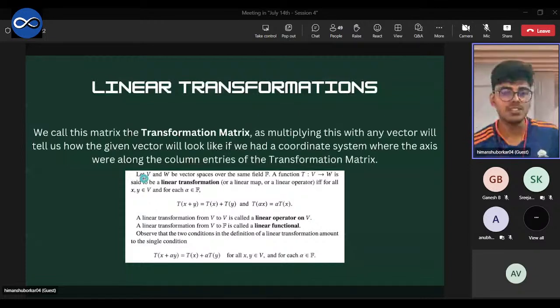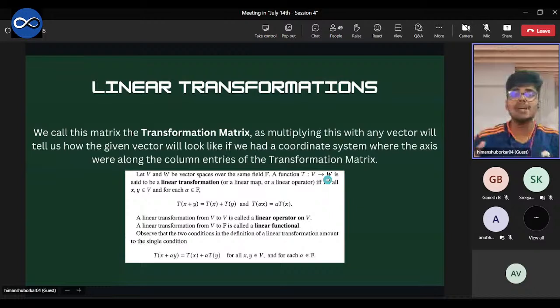If V and W are vector spaces, just like V can be our standard coordinate system, and W can be a new coordinate system that we saw in the previous example, and they are over the same field F, which could be real or complex, and we can map a vector in V to W, so anything in V can be mapped to W, it's said to be a linear transformation.